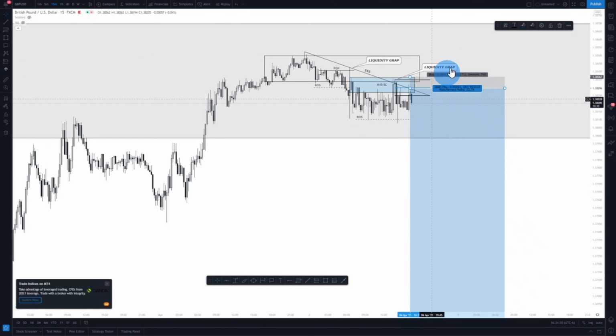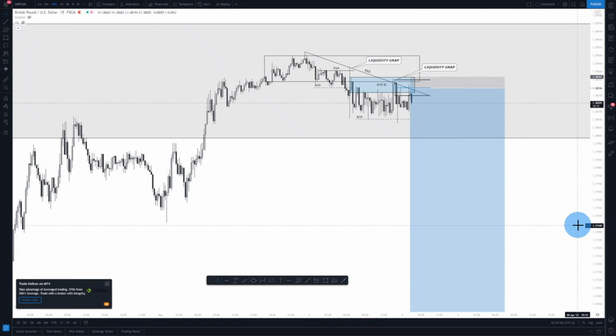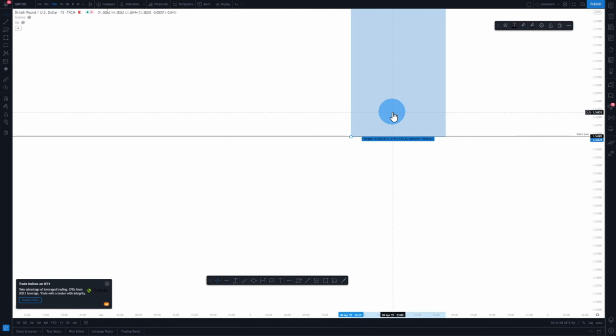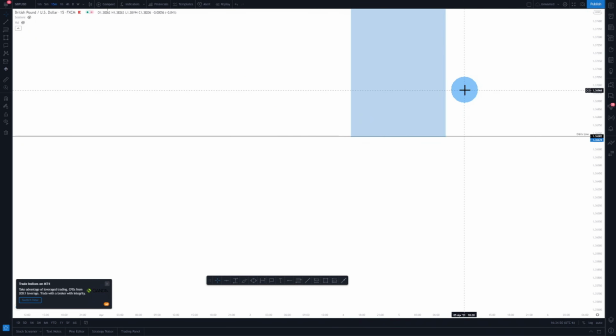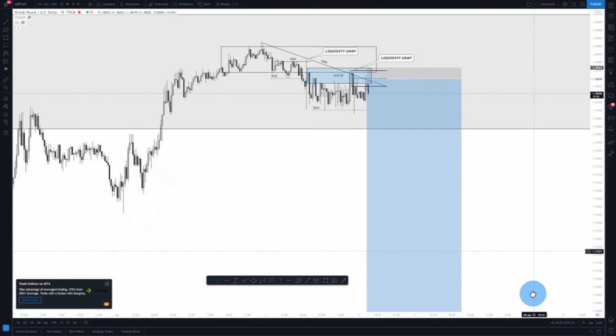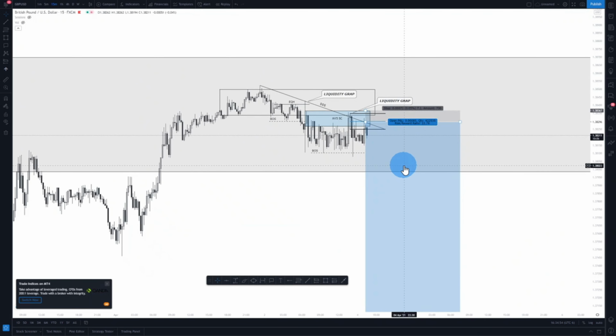It's actually 1:23, which is what almost everyone wants, a very good risk reward ratio. Then we are securing 161 pips. It's a very good trade that we can be taking on GBP/USD.